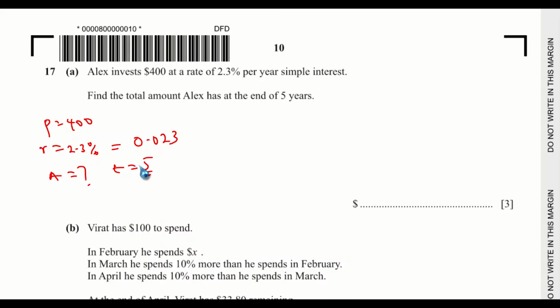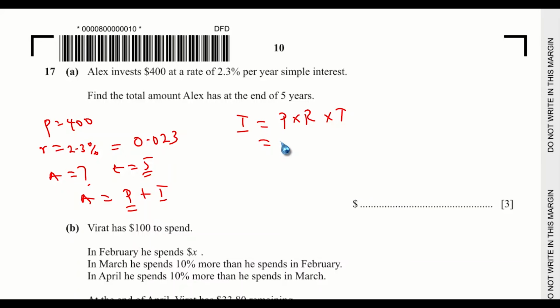We need to calculate the interest because the amount is equal to the principal plus the interest. We know the principal, but we don't know the interest, so the first thing we need to do is calculate the interest. The interest I is equal to the product of the principal, the rate, and the time.